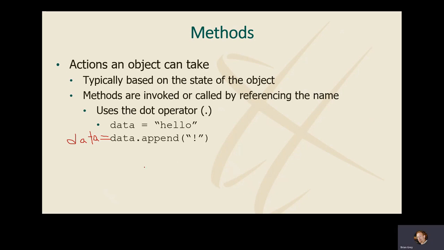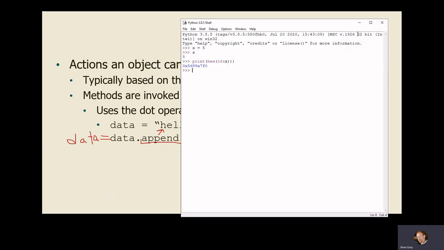But the key thing is append. Append takes something and puts it on the end of something else, right? We need the data in data. We need this string. If we don't, the behavior is not fully defined, right?